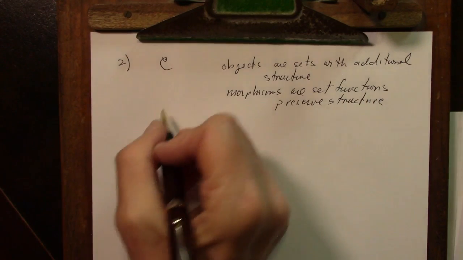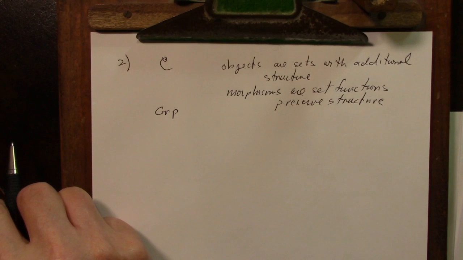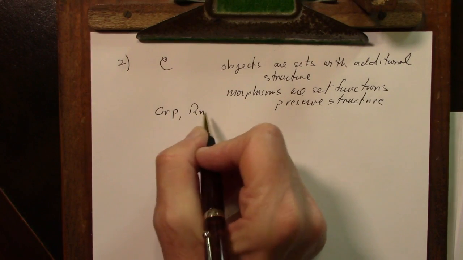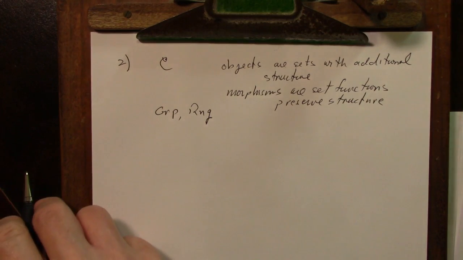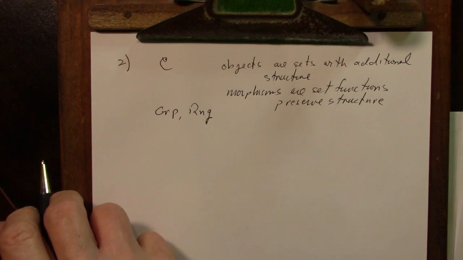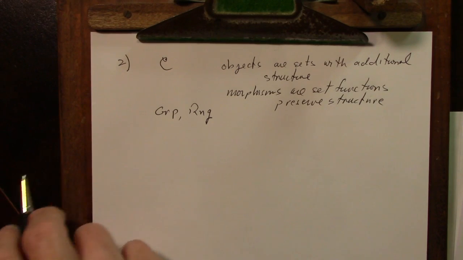So group is an example. The objects are groups, but they're also sets, and the group homomorphisms are set functions that preserve the group structure. The algebraic categories, ring, vector space, and so on, they all fit this model. The objects are sets with additional structure, and the morphisms are set functions that preserve the structure, topological spaces, manifolds, and so on.